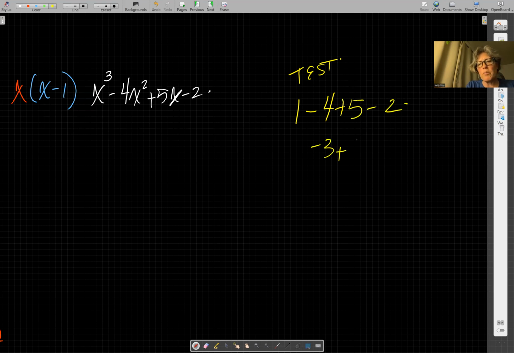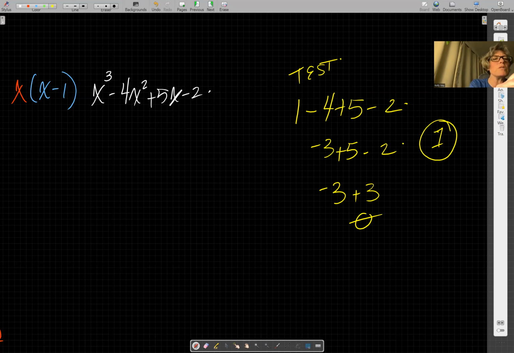That's negative 3 plus 5 minus 2, and of course that's going to be 0. Woohoo! That's a 0. So we know that one of our factors that creates a 0 is 1.